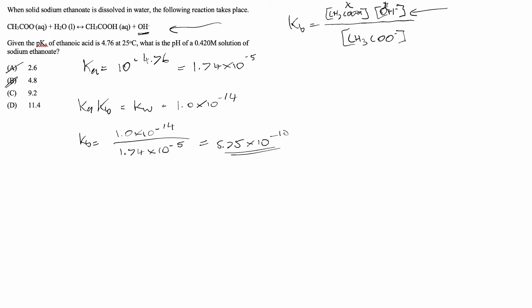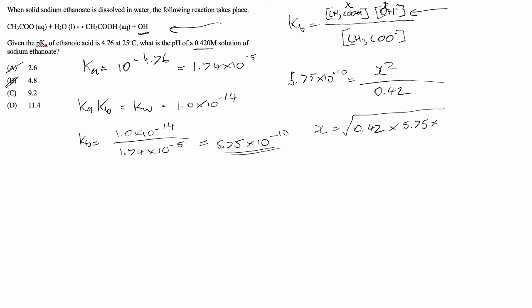So have they given us, oh no, we worked out Kb, that's right. So 5.75 times 10 to the negative 10 is going to be equal to X squared over the concentration, 0.42. And that will give us X equal to the square root of 0.42 times 5.75 times 10 to the negative 10.